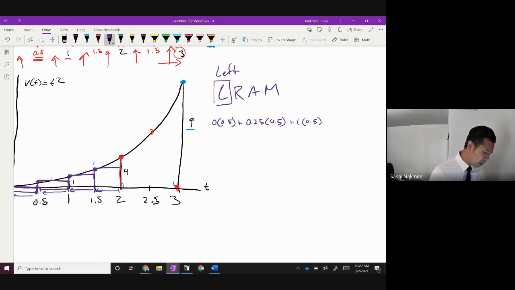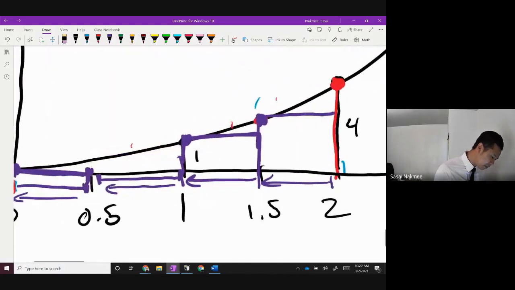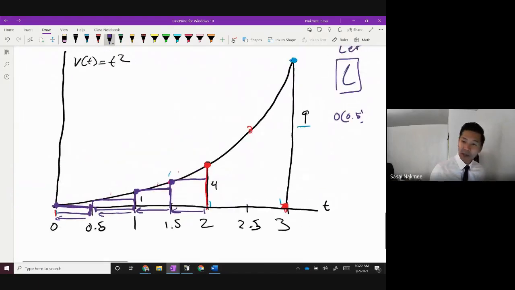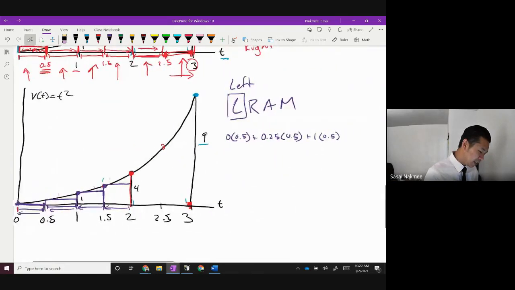Well, that one's poorly drawn. Hold up. This one goes to this height right here, and it goes like that. There we go. These are all smaller than it, right? So the approximation for this one is going to be an under approximation, isn't it?